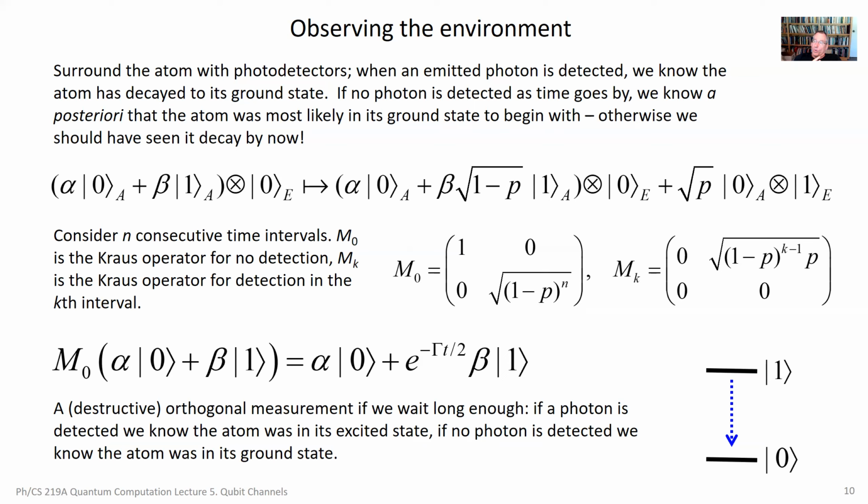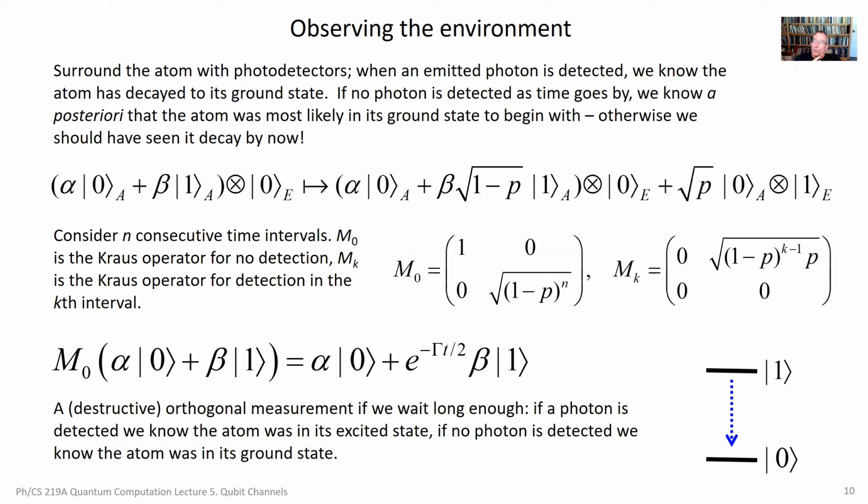Now, as usual, we can think about this channel by imagining, and recalling the discussion that we just had of the atom undergoing spontaneous decay, that somebody measures the environment. That's just a convenience, and it's not really that somebody is necessarily measuring the environment. That just provides us with the basis in which we can generate an operator sum representation.